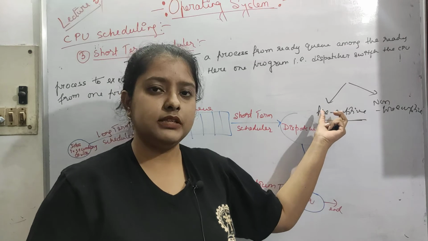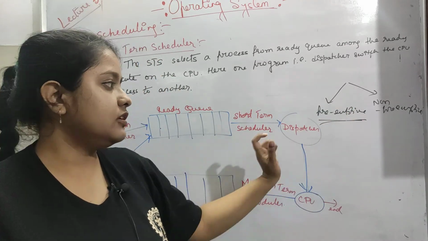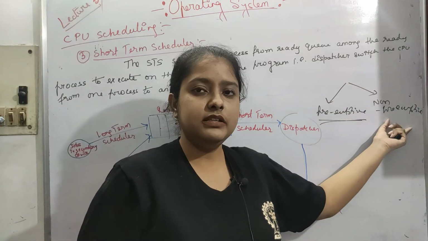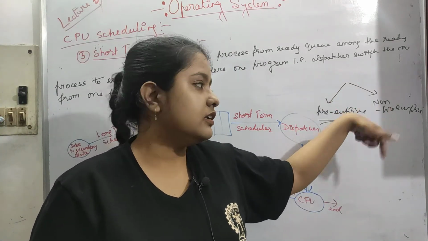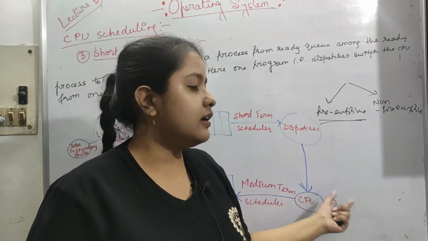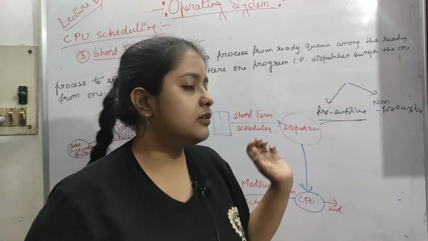This is basically preempting the process: stopping the process, and some other process will go and run. Non-preemptive means nothing will stop the process. Once the process is inside the CPU, it will continuously run, and once it ends, another process will start. We will see all these things in detail from the next video onwards.